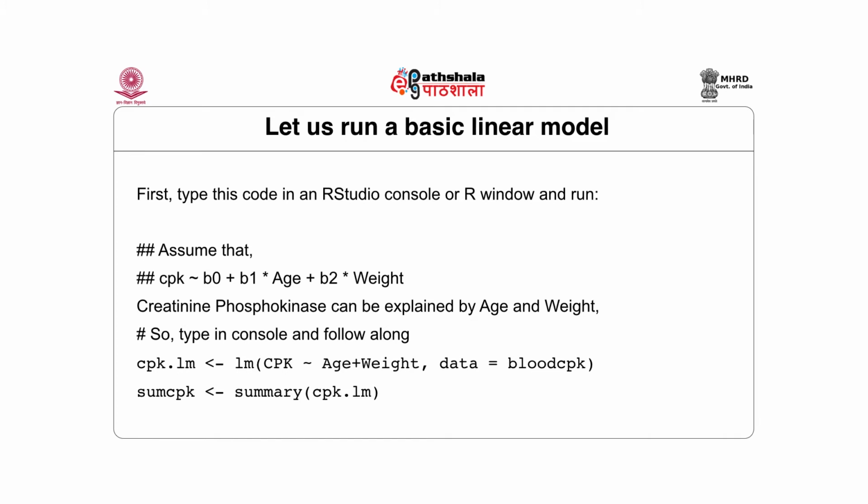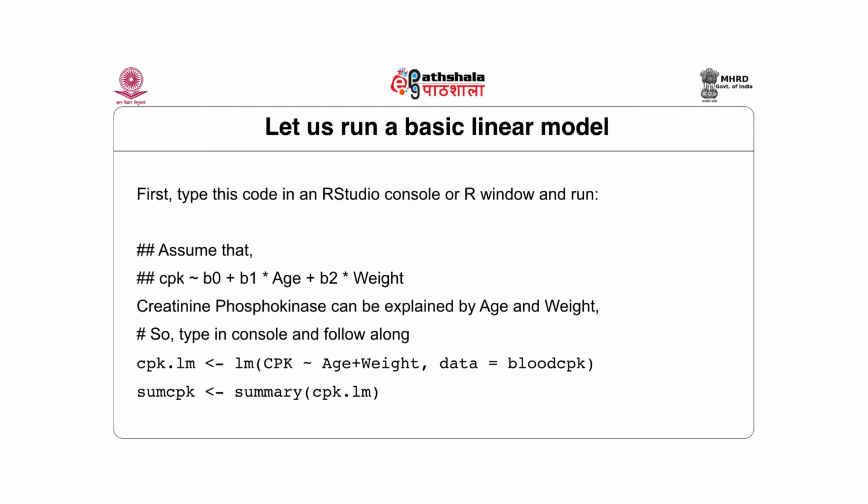Then we initiate that with a tilde mark. We add age plus weight. Remember that the plus sign does not mean age and weight are added together. Then we specify the data. And then we order a summary of that particular object, cpk.lm, which is stored in another object called sum_cpk. That's as simple as that.